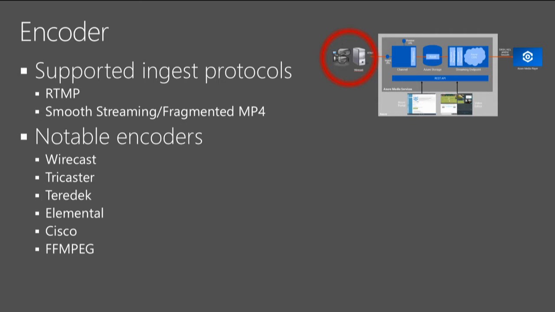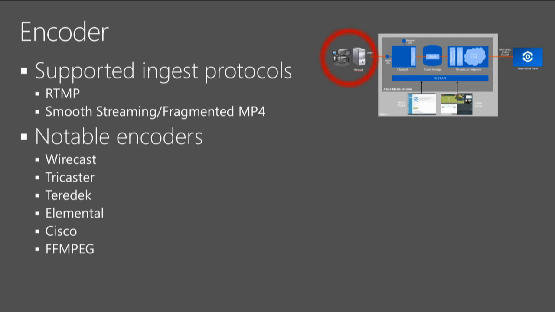Some of the notable encoders available to use that we've tested with, and I'll have a blog entry at the end that I'll point you to that will give you a longer list of these supported encoders and how to configure them. Some of the big ones: Wirecast is a very popular desktop encoder, fairly inexpensive.